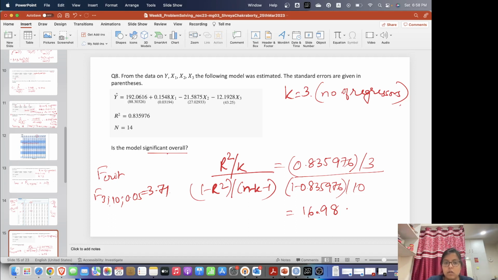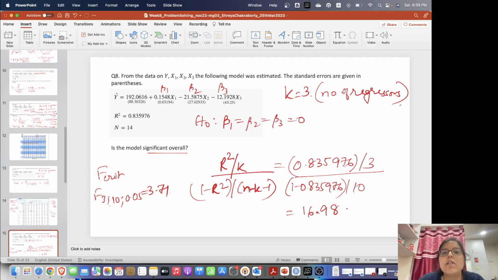Okay, so the overall model is significant because we were testing H naught: beta 1 equal to beta 2 equal to beta 3 equal to 0.